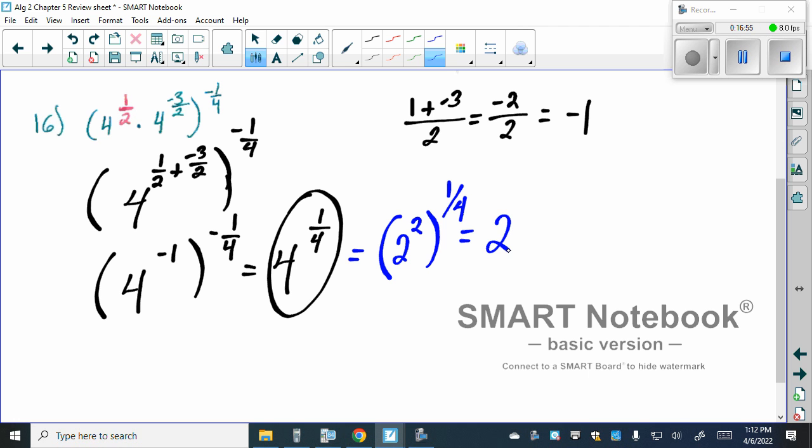And if we do this again, just like we did with the negative 1 and negative 1/4, 2 times 1/4 is, well, 2/4. 2/4 will actually reduce to 1/2. 4 to the 1/4 is actually the same as 2 to the 1/2. So the 4th root of 4 is the same as the square root of 2, incidentally.